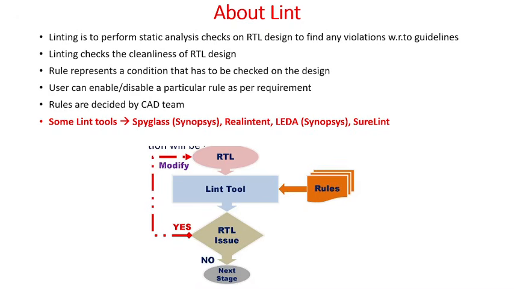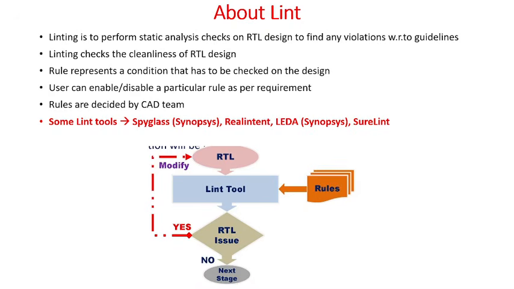In the series of processes required for proper ASIC design, linting is one of the important processes because linting is an important step to ensure that the RTL design matches the actual guidelines required for developing the RTL design of the digital architecture.